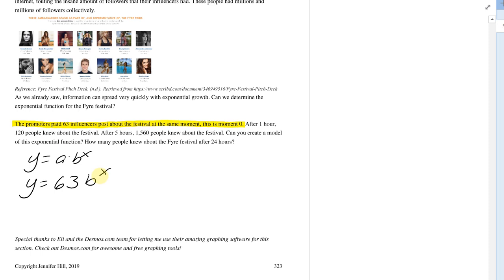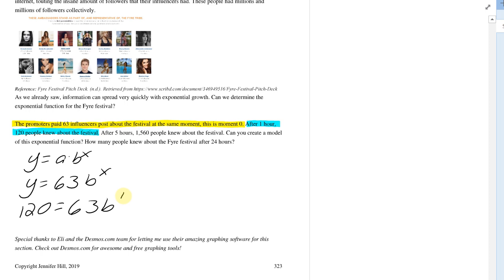And you might be thinking, oh, I can't do that. But look at this. After 1 hour, 120 people knew about the festival. So let's just plug this information in. The 1 would go into the x spot, and the 120 people, that's how many people know about the festival, so that would go for our y. So check this out. If I set this up, 120 equals 63 times b to the 1.